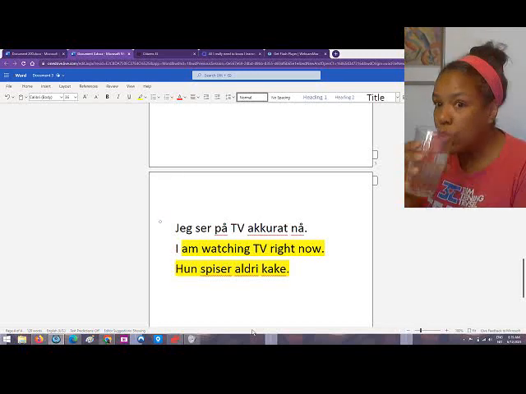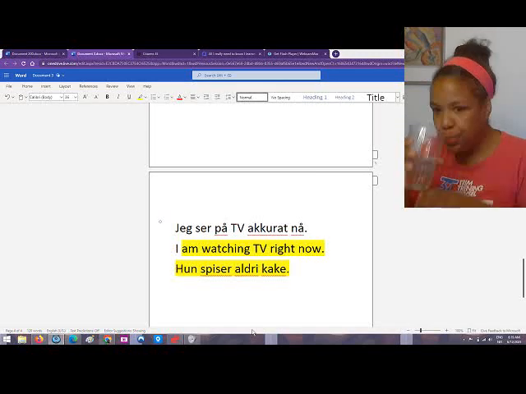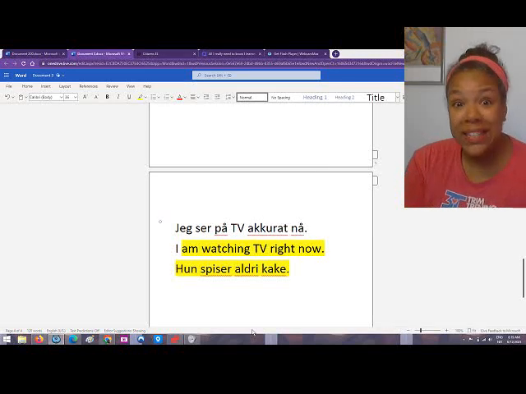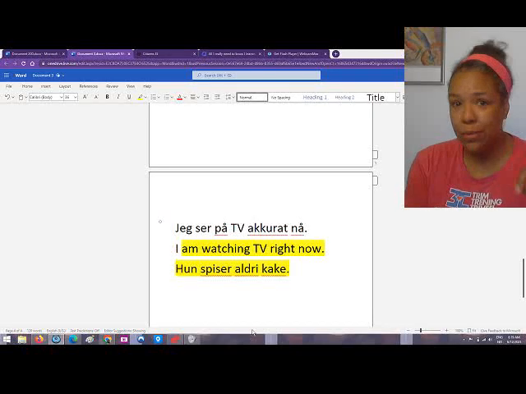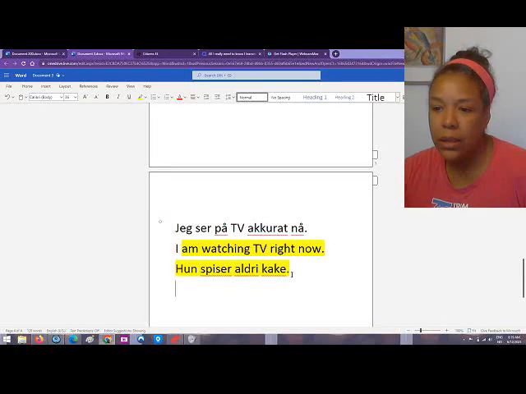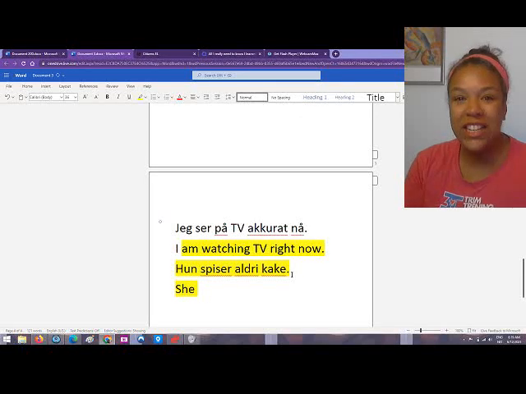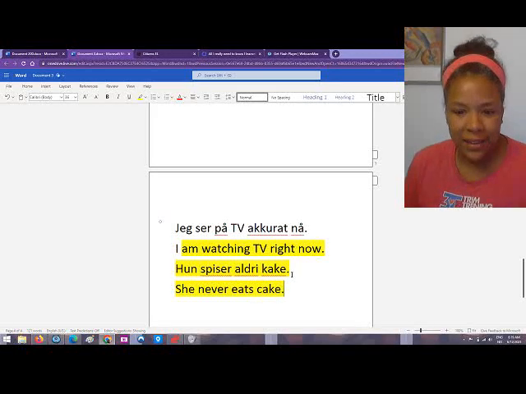So here, you're not going to write she's eating because it's not right now. It's not happening right now. You're going to write she never eats cake.